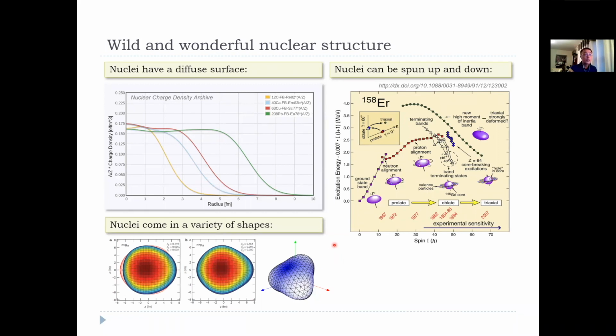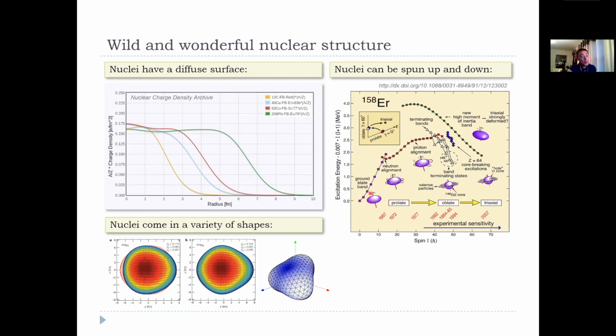And then a nucleus can be spun up by irradiating it with gamma rays and X-rays. This is a very famous case of erbium from this review, where of course the ground state of the nucleus has a moderate spin. But if you start irradiating it with gamma rays of sufficient energy, you can start spinning it up. Or if you have an off-center collision in a particle collision experiment, that would also impart large angular momentum on it.